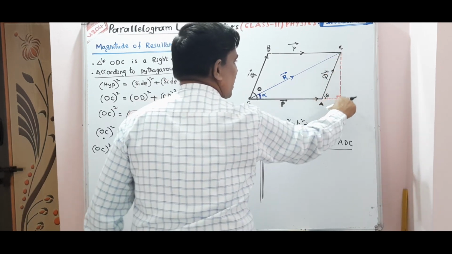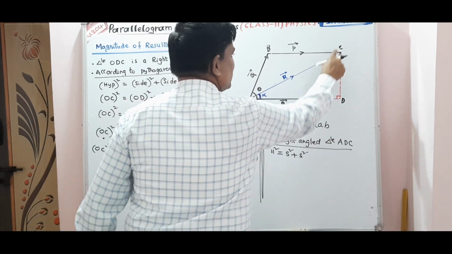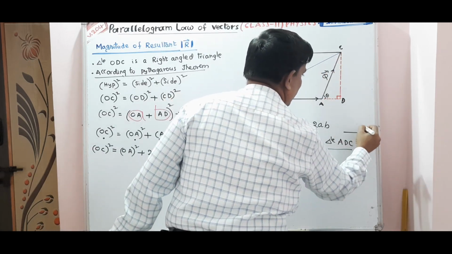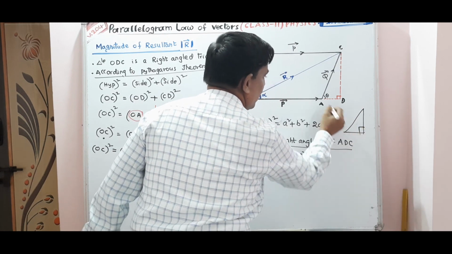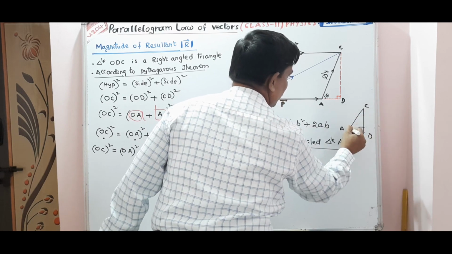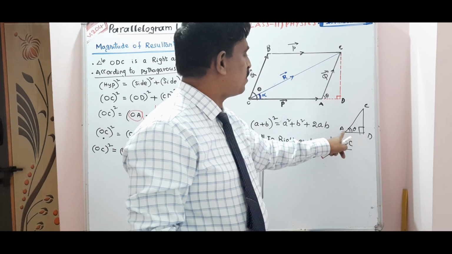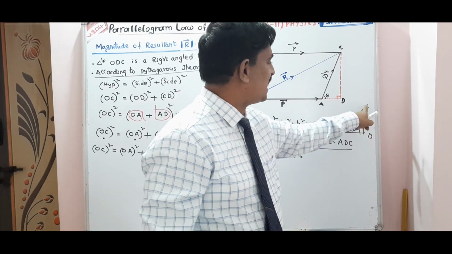It is 90 degrees at D, this is A, this is C, and this angle is theta.